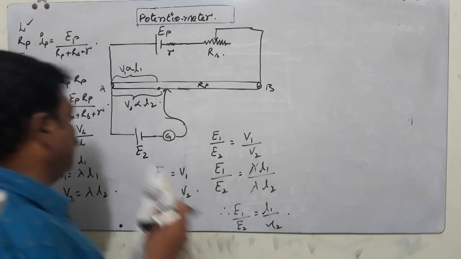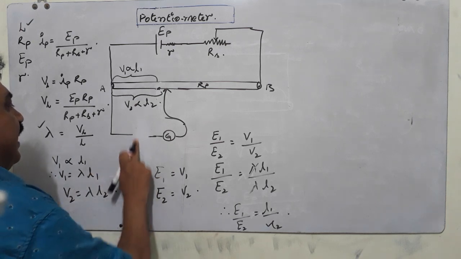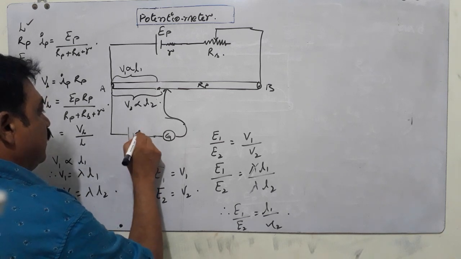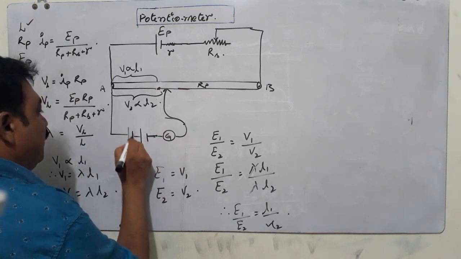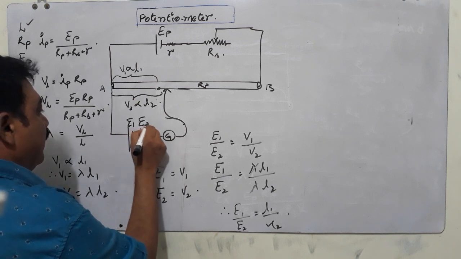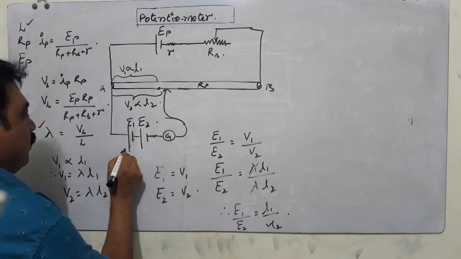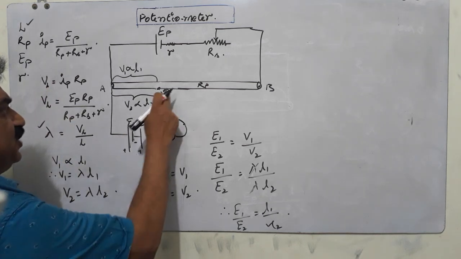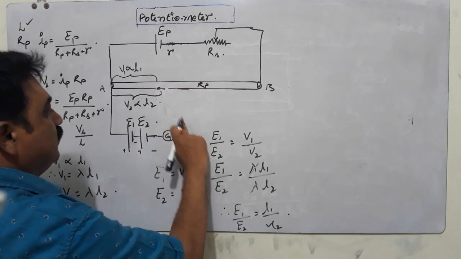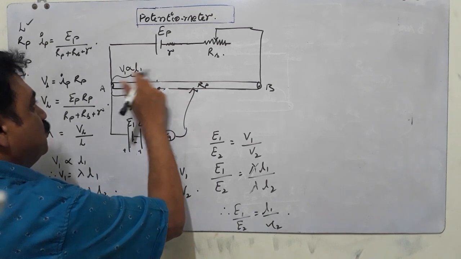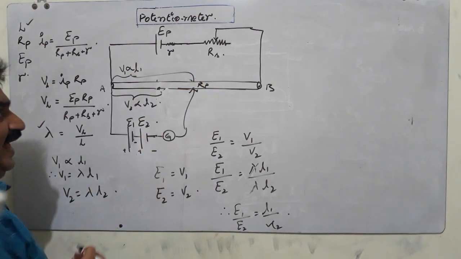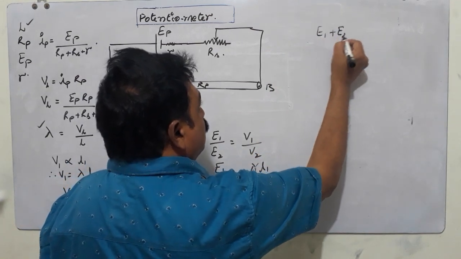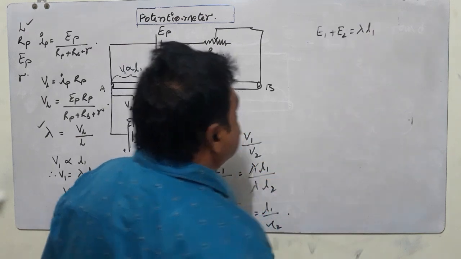See here, initially in the first case, I am connecting two cells directly, cell 1 and cell 2, of EMFs E1 and E2. They are connected properly. This is the supporting method. In this situation, the balancing length is more, so you can take this balancing length for supporting. That is, E1 plus E2 is equal to lambda L1.